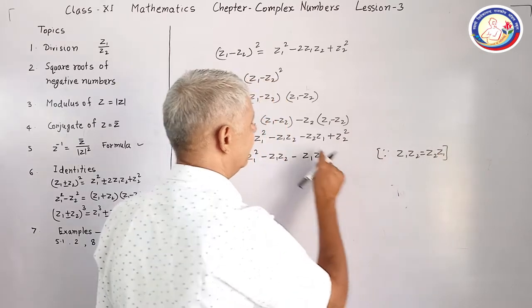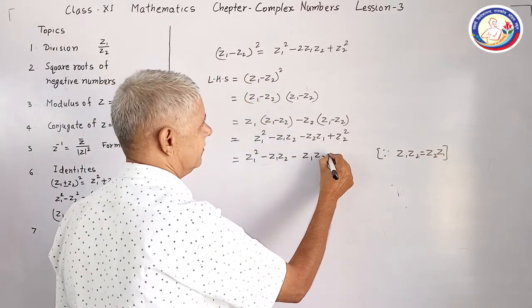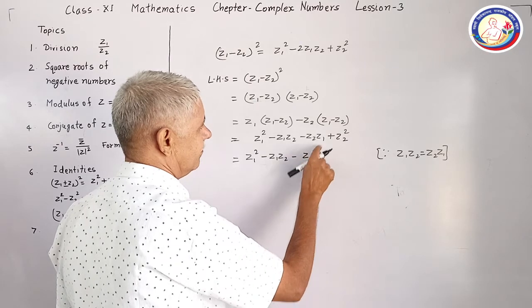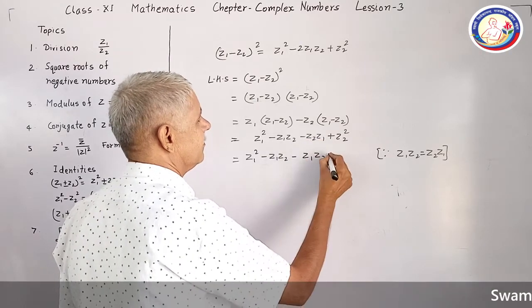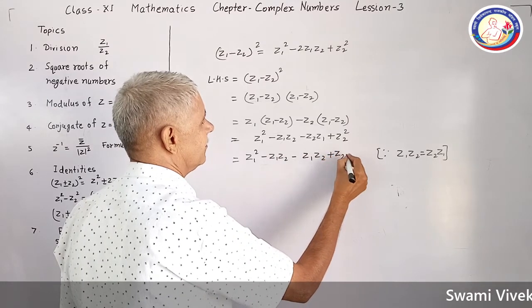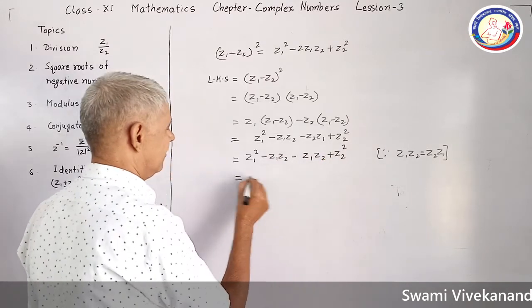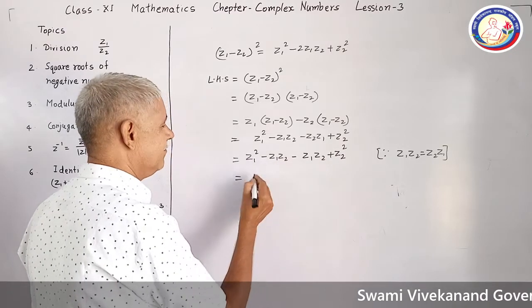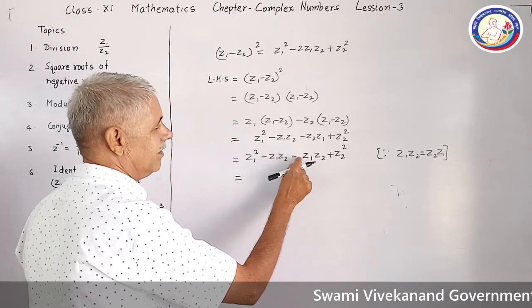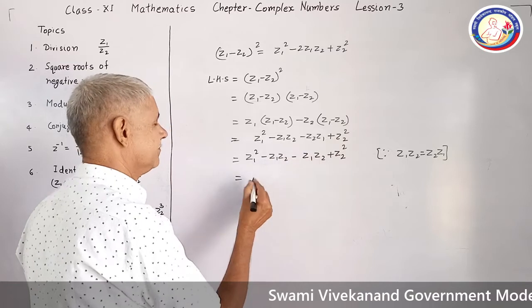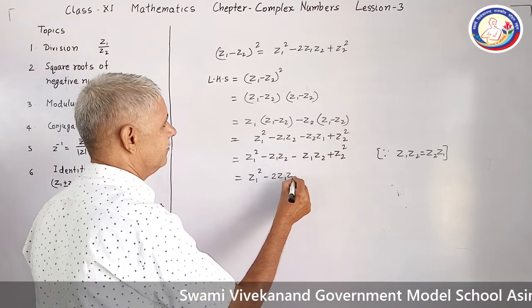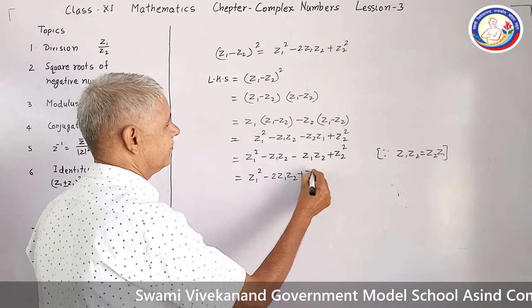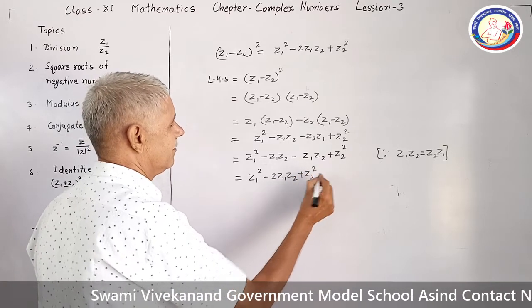Applying this law here, we can write z2 into z1 as z1 into z2 plus z2 square. Now these are same, minus 1 and minus 1, minus 2 times this: z1 square minus twice z1 into z2 plus z2 square.